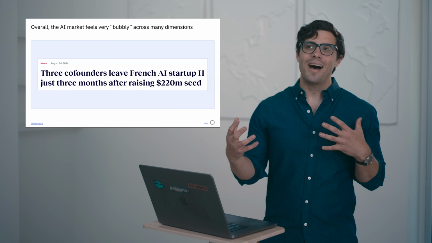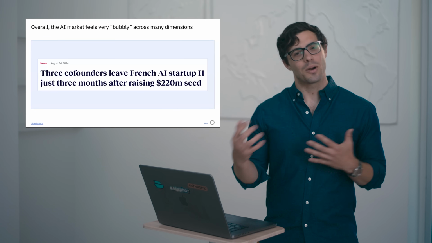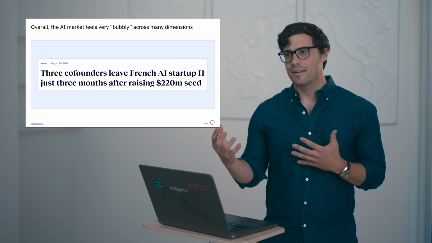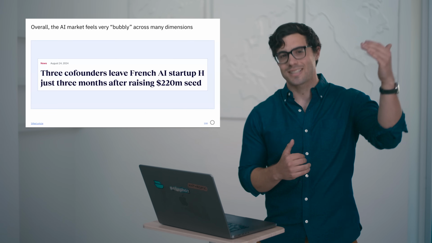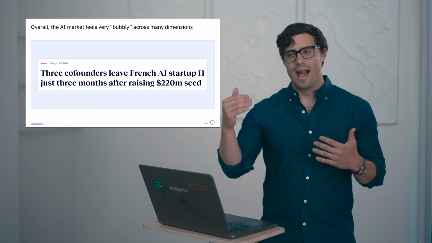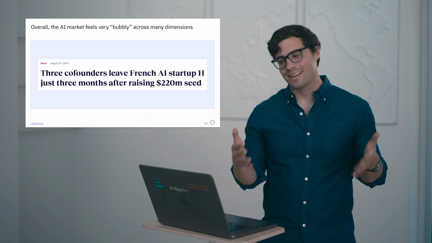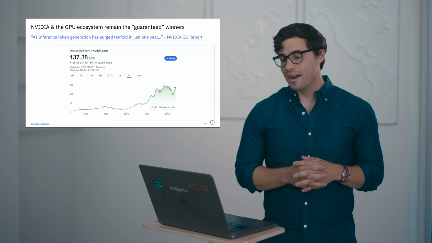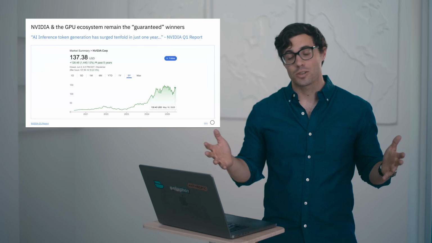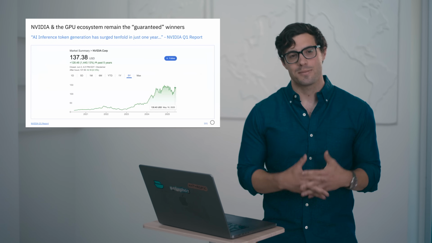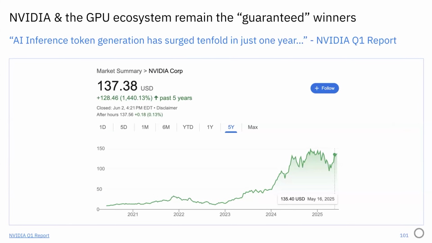And so there's just a lot of interesting behavior in the market right now that I think makes it simultaneously super exciting and super bubbly. And it's really hard to understand how to navigate it as a result. And I think at the end of the day, the people who win for sure are the GPU ecosystem and companies like NVIDIA, because no matter what happens, we're going to still keep needing exponential growth in compute hardware.